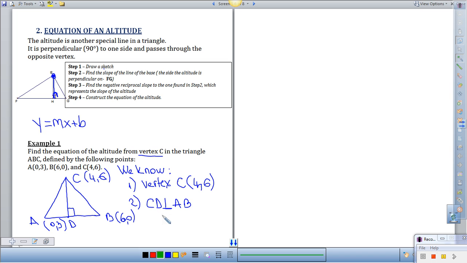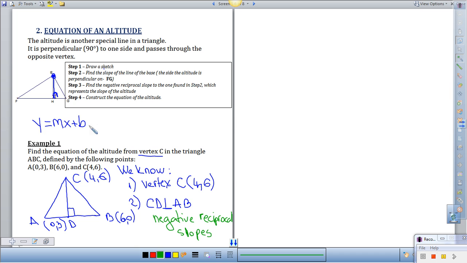We learned in linear systems, and recapped during this unit, that perpendicular lines have negative reciprocal slopes, which is a very important property, one that we're going to use over and over again in analytic geometry. So negative reciprocal slopes. So this is what we know.